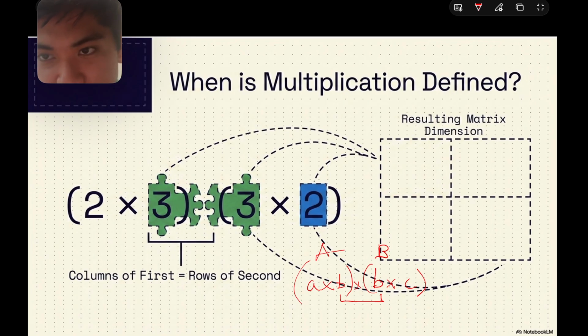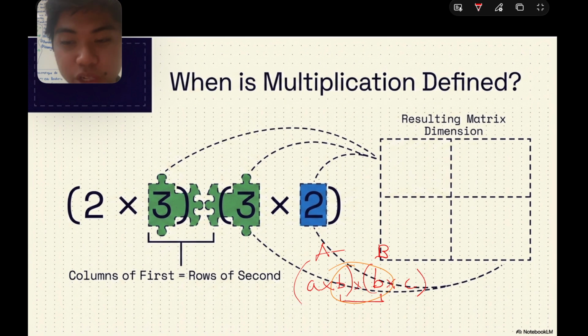We look at our inner dimensions. If those are the same value, B and B in this case, then we can multiply these matrices together. It allows it.